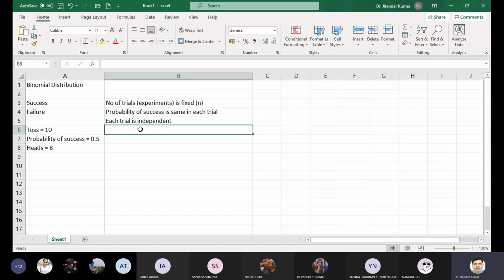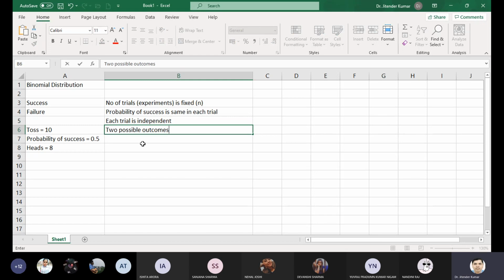And there is one more property. I am forgetting it. Just let me check. Yeah, there are only 2 possible outcomes. Okay, so the one more property is 2 possible outcomes.